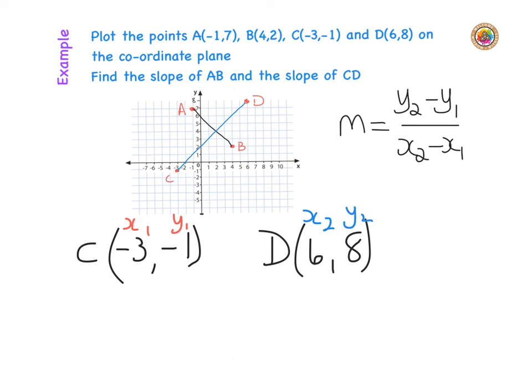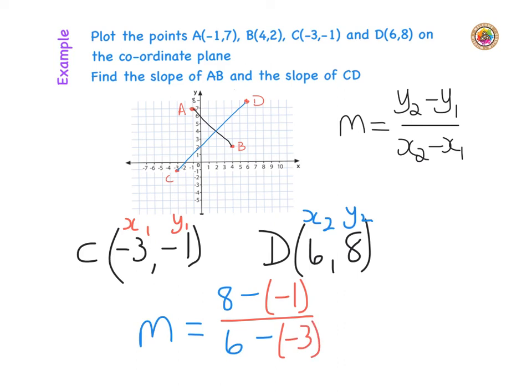And so into our slope formula we have m is equal to, well, y2 is 8 minus, and here I'm going to have -1, over x2 is 6, minus, and here we have -3. And so I'm just going to tidy that up.